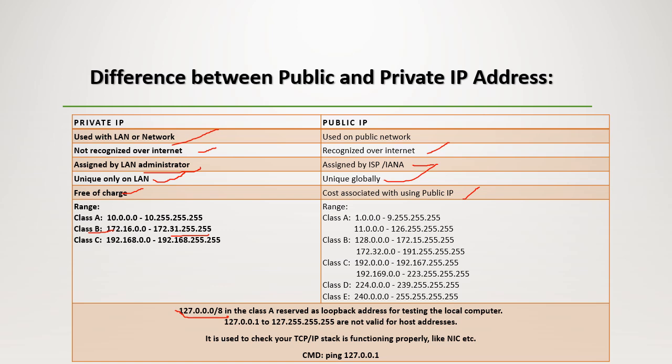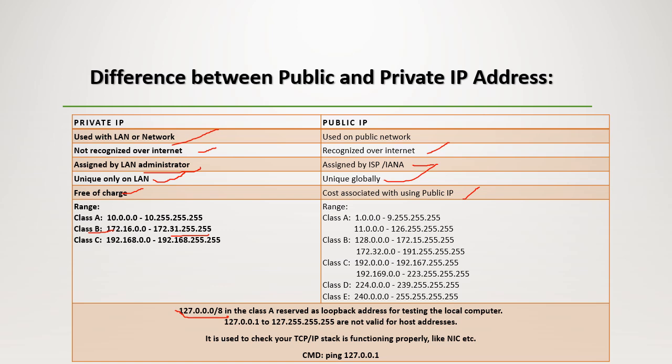We can see whether it is functioning properly. Suppose your router is giving an internet connection to other devices, but your system is not getting an internet connection, and you have a cable connected from the router to your computer. Even if you change the cable, it's still not working.